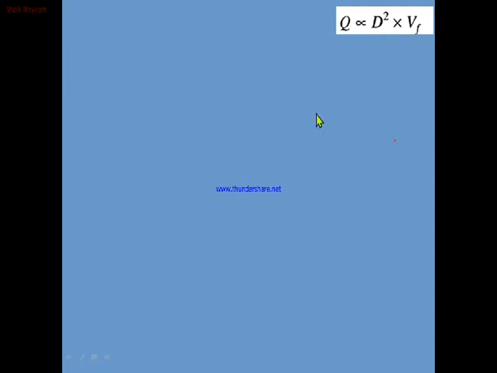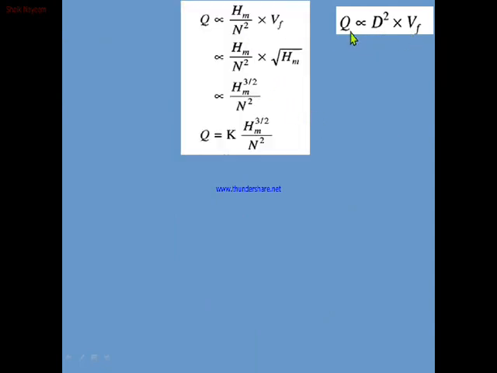With D proportional to root Hm by N, we get Hm by N square into Vf. Vf is already known, which is root H. By substituting this, we get Hm to the power 3 by 2 by N square. We remove the proportionality and get a constant term here.